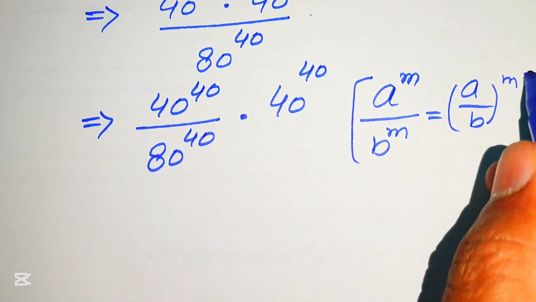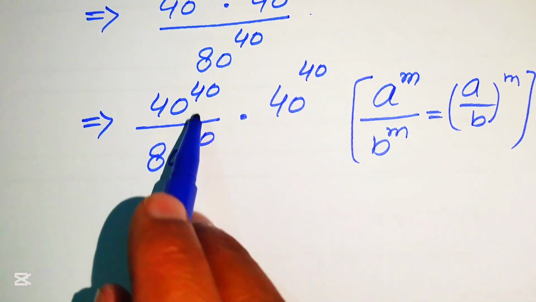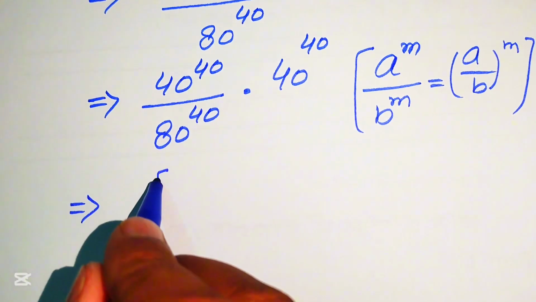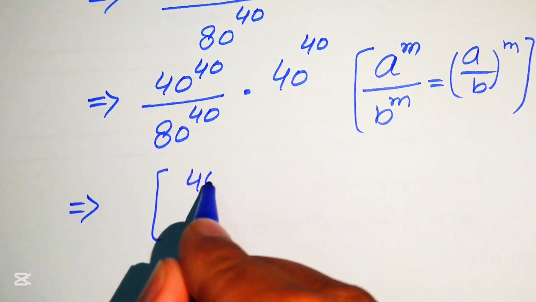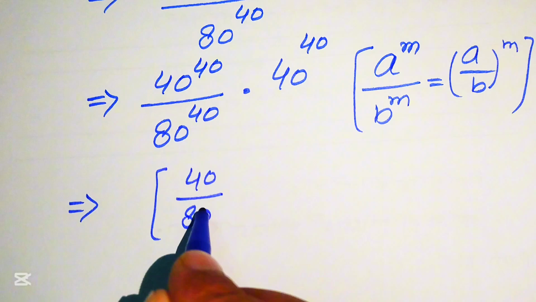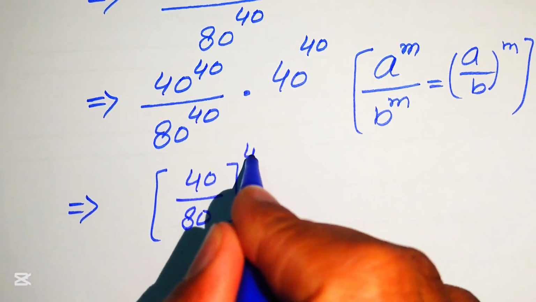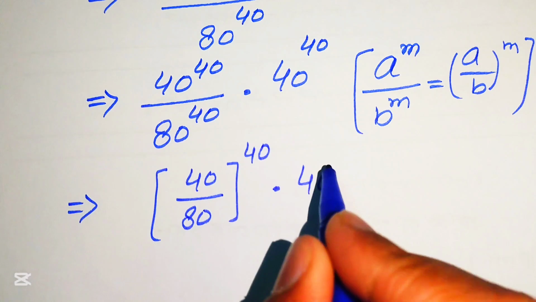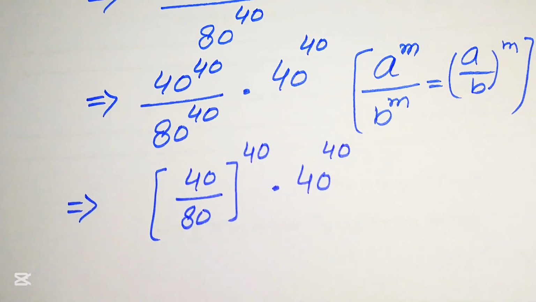According to this law, we combine the exponents of these two terms, and it is written as 40 over 80, whole to the power of 40, multiplied by 40 to the power of 40.